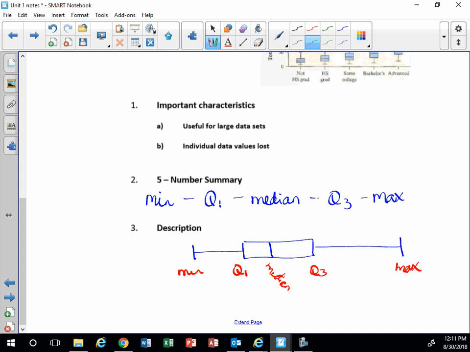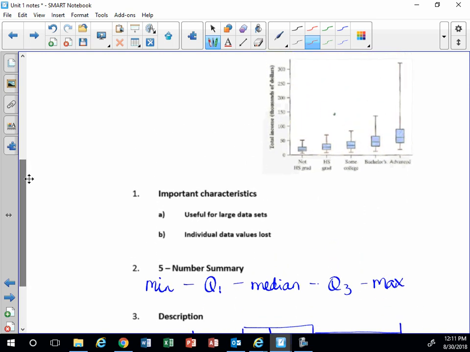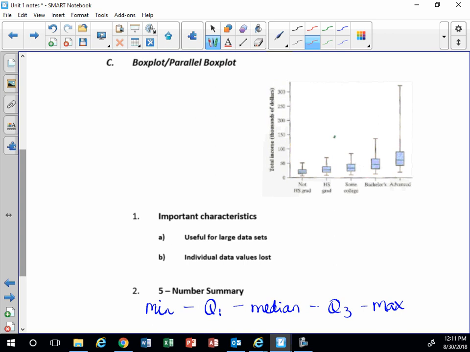They can be horizontal, they can be vertical. It doesn't matter. Okay. If you have to create one, again, the labeling is super important. You can see everything's been labeled for you on this one so that you can understand what you're talking about with your data.